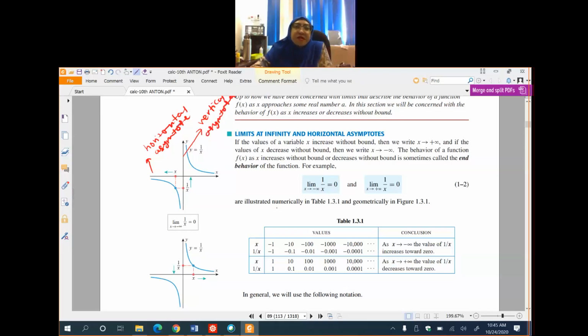Okay, so horizontal asymptotes is when we have x approaching infinity or x approaching negative infinity, and the function is somehow getting closer to a line.